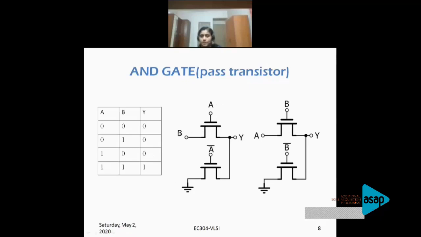So the other input is actually B itself. Thereby you can write this as B dot A plus 0 dot A bar, which is nothing but A dot B. So that is, in a nutshell, how to implement any gate using pass transistors. Now, if that is clear to you, implementation of any logic function using transmission gate is also very easy.